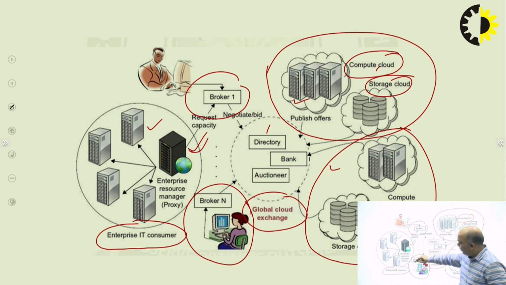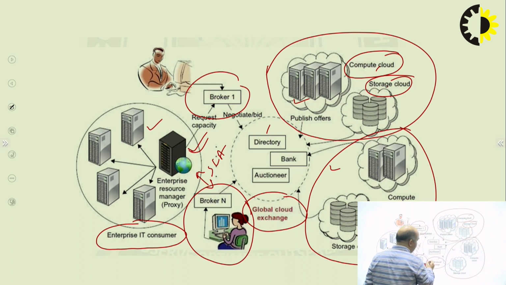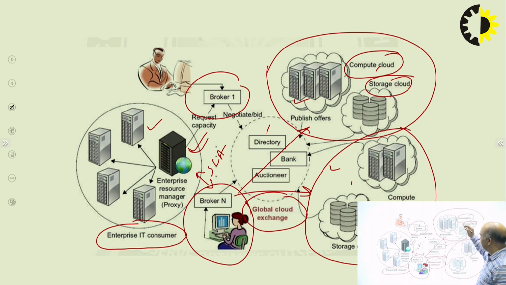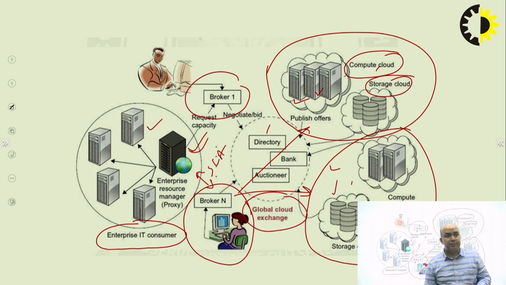Now they will create an SLA between the broker and your IT customers. Then these brokers have SLAs with the service providers. So depending upon the requirement, they can access the resources from this one, or from this one also, and from this one also.